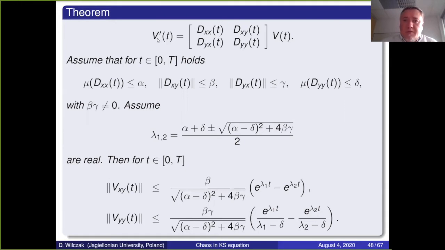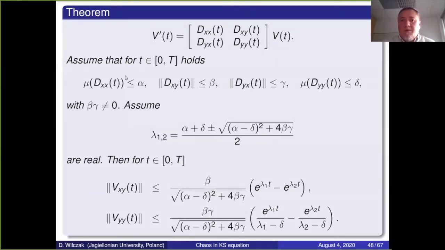We have a non-autonomous linear system, and here are some quantities that satisfy these four inequalities. So we can bound logarithmic norms of those four blocks, and these are just bounds for the vector field. This is what I would like to emphasize. We don't need any enclosure here. This is just a bound for the vector field.